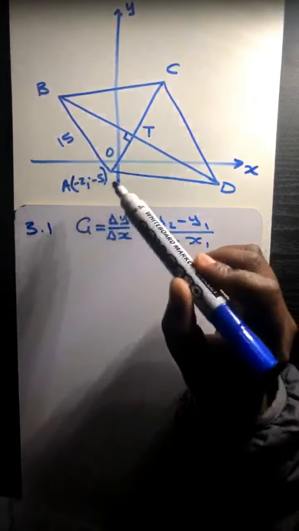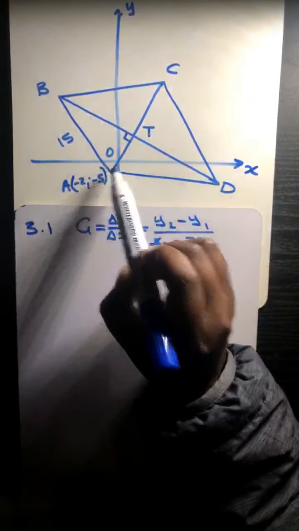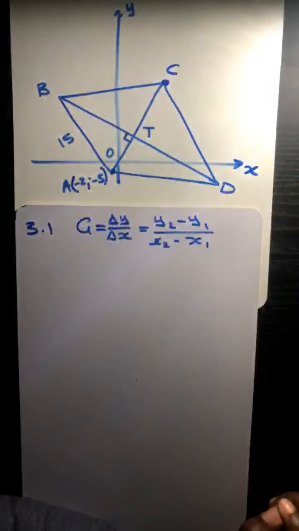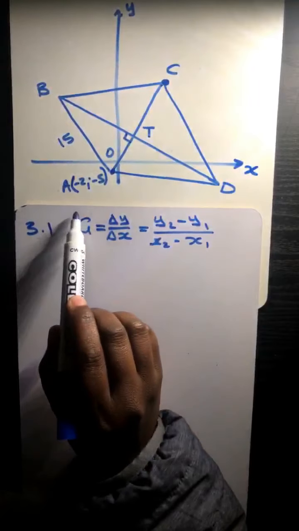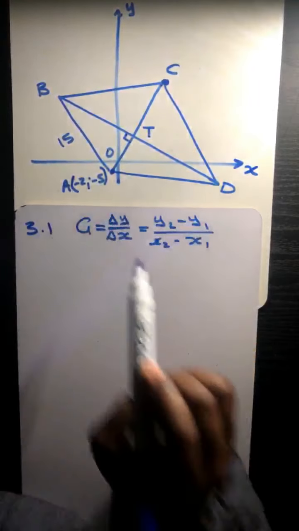So let's see. The question says determine the gradient of line AC, which means you can find the gradient from this formula of the gradient being changing y over changing x.